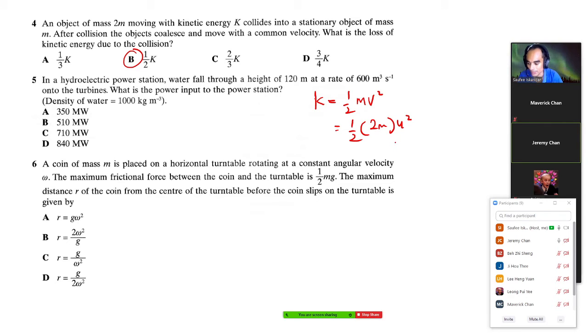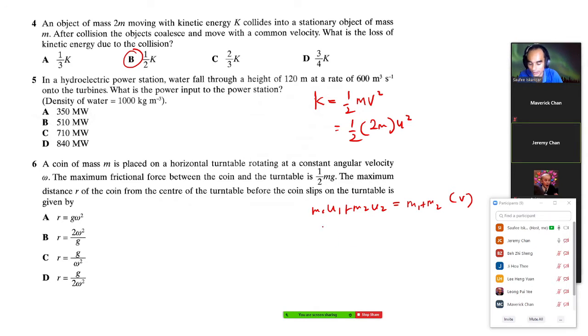So, conservation of momentum: the total momentum before, m1u1 plus m2u2, equals the total momentum after, m1 plus m2, times the common velocity v.